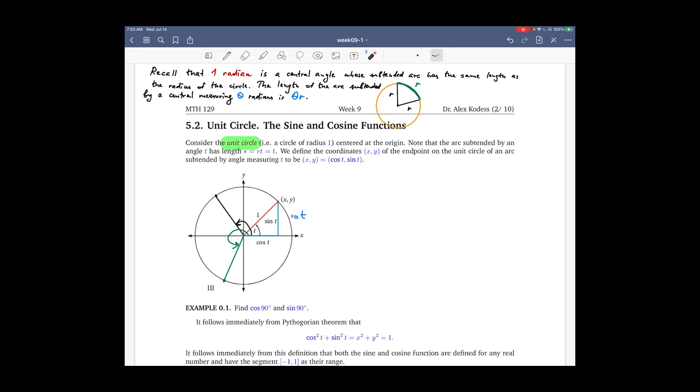So the way we define the functions cosine and sine is the following. For any given real number t, find the point on the unit circle that corresponds to angle t.